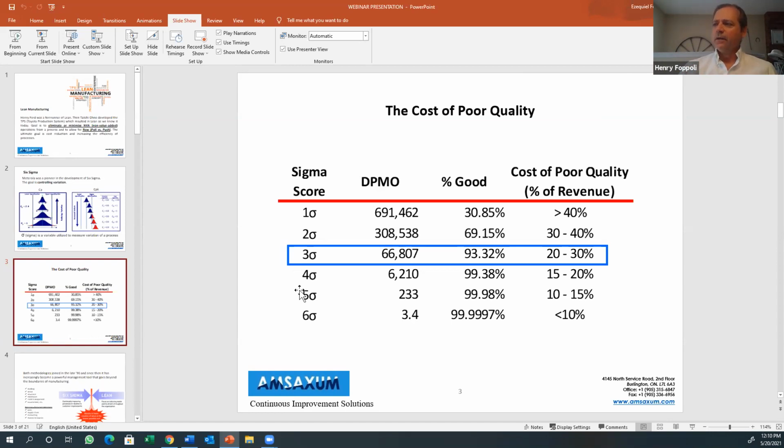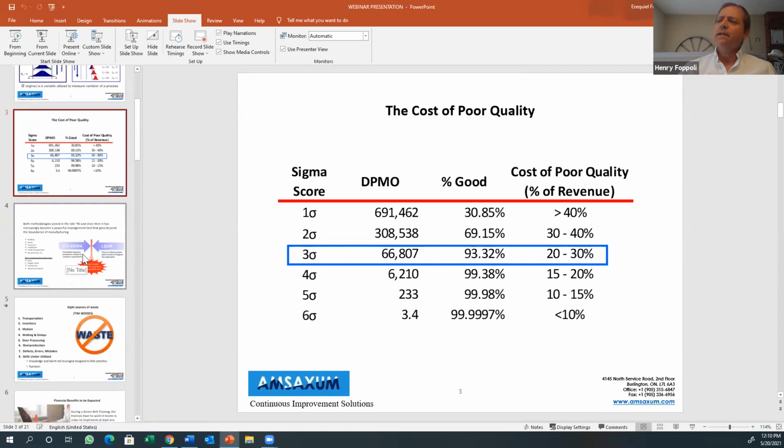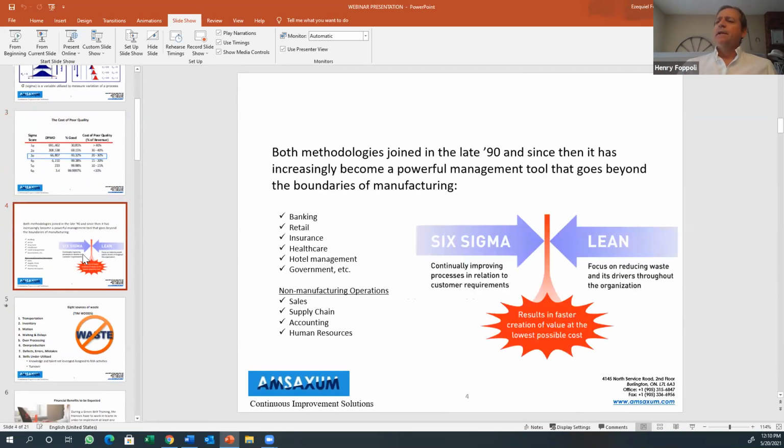And so the better the sigma score, the fewer the defects, and therefore the cost of fixing those defects is less. Now, most companies work at a 3 sigma score, and therefore 20 to 30% of their revenue is gone trying to fix those defects. So that's an indication of the savings that you can expect.